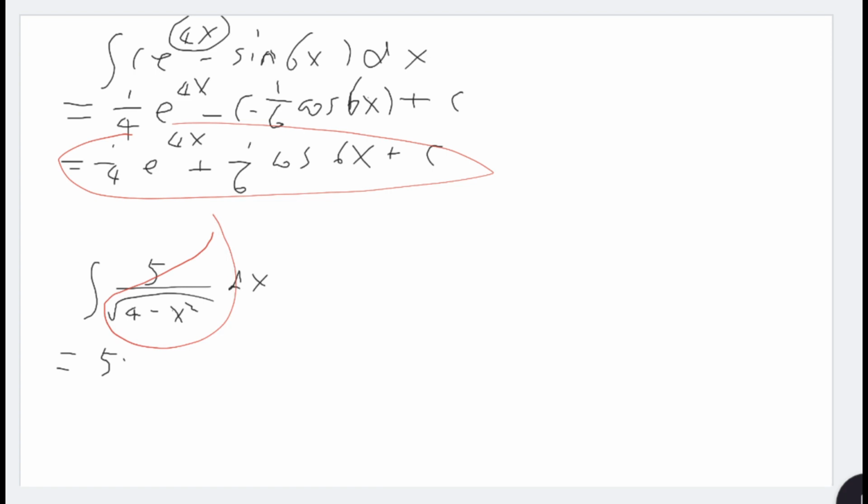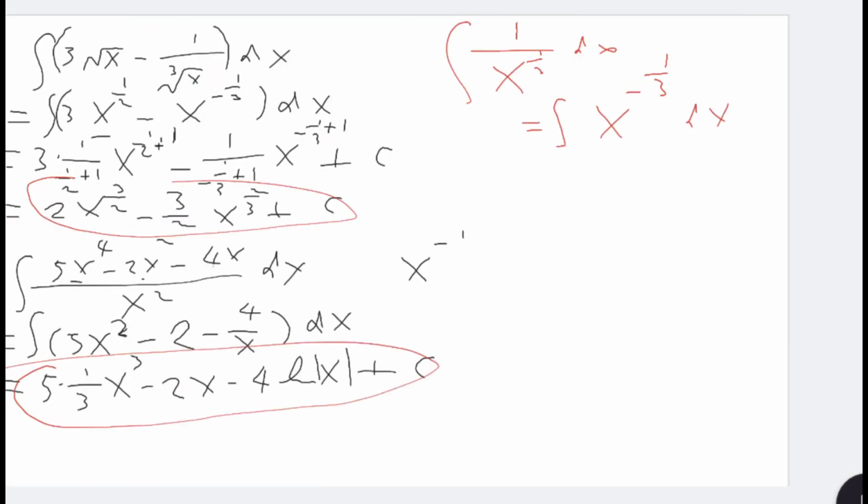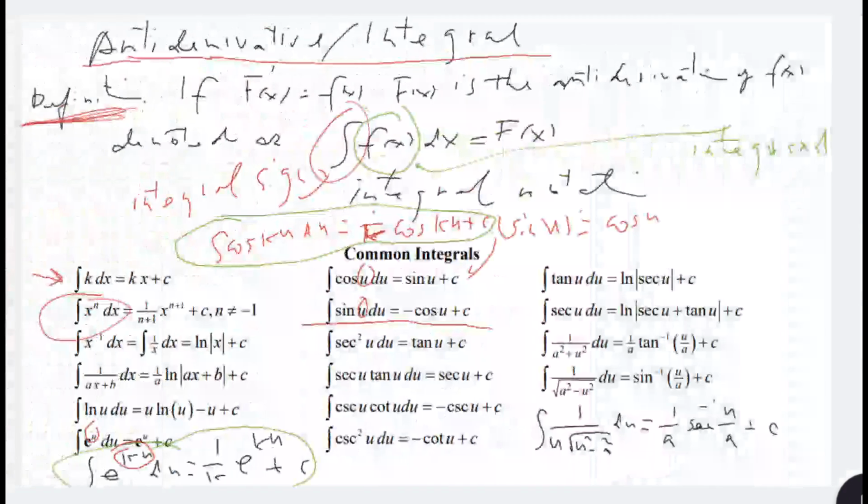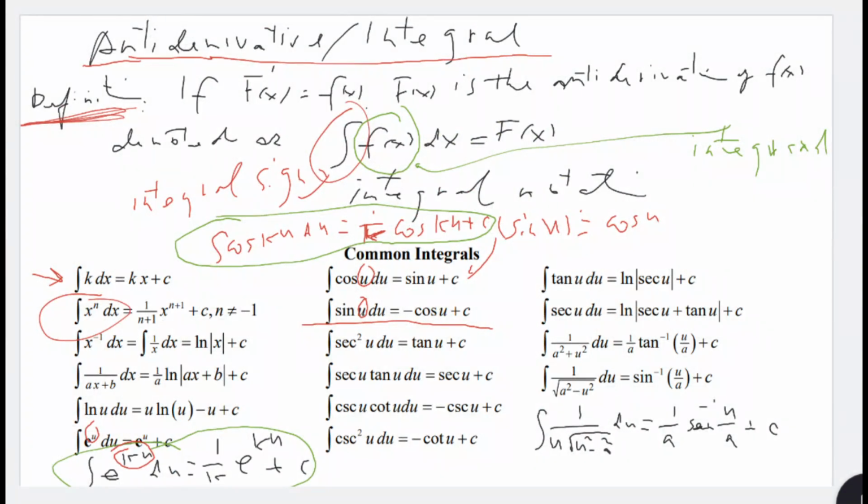So let's see what formula we have. This kind of fraction involving radical on the bottom. It's a number 4 minus x squared. Let's go check our available formulas. Well, if you look carefully, it's this one. So a squared is like a 4. Okay?